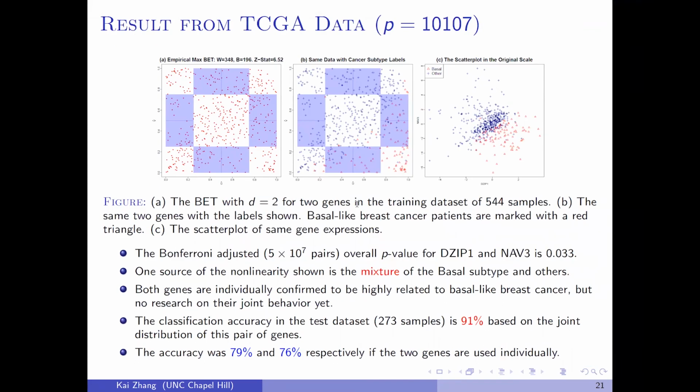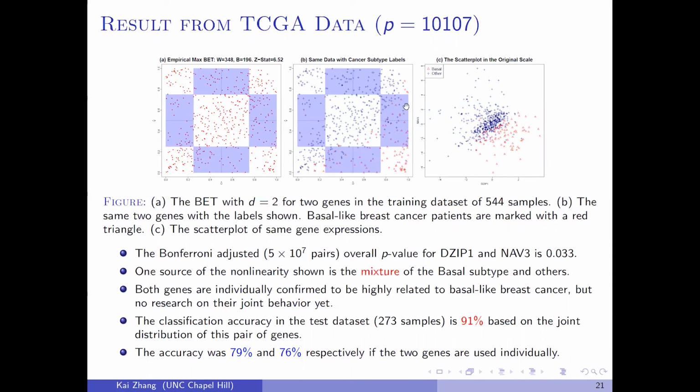And we did apply the BET to the exploratory analysis of TCGA breast cancer data, where we do have about 10,000 gene expressions. We found this pair of genes to have an interesting behavior. The joint distribution shows a nonlinear dependency in this pattern. So why is this happening? To see that, we colored the subtypes of cancer.